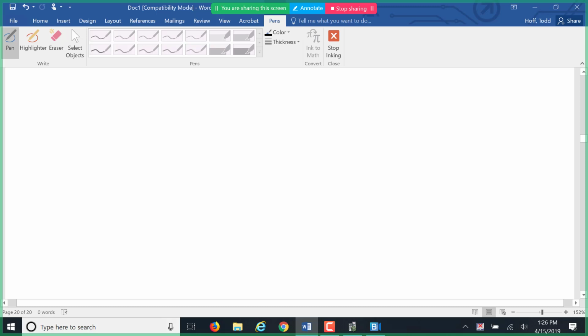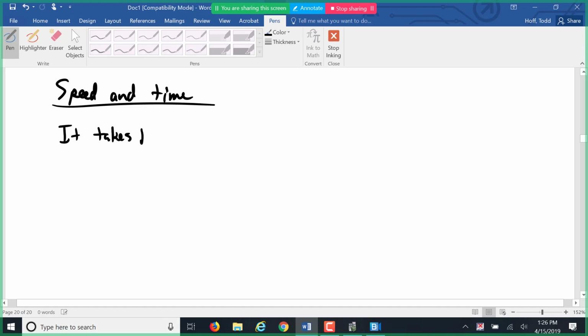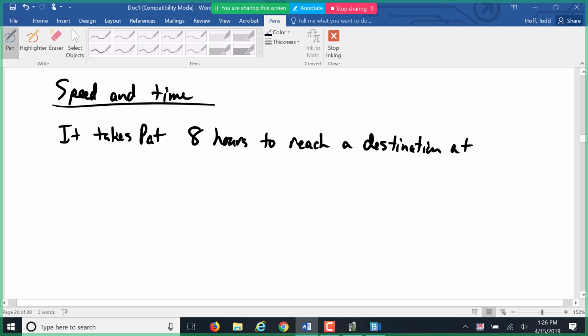Examples of inverse relationships. So we looked at speed and distance, speed and time. Let's say it takes Pat 8 hours to reach a destination at 56 miles per hour.